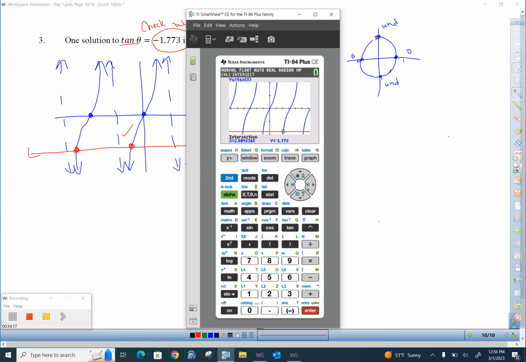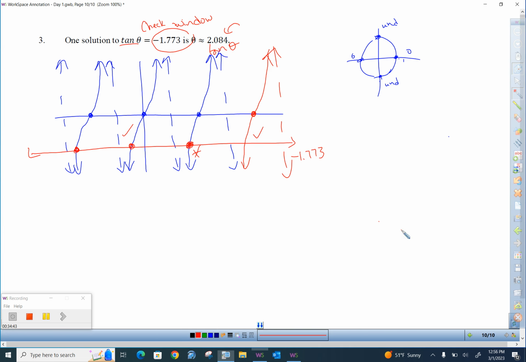Okay, so I'm going to backtrack. Second trace 5. And travel on my line and get closer to the one on the right. Didn't get far enough. Okay. So that's 5.226.